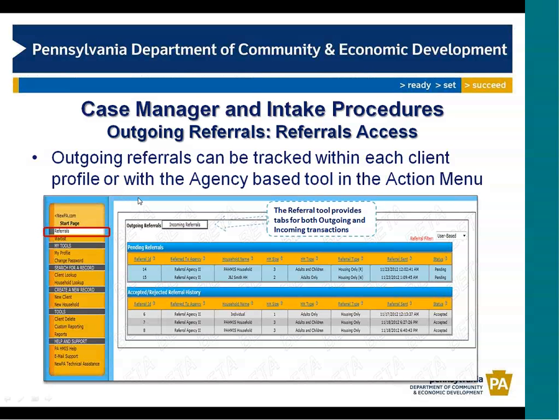Clicking on it provides two tabs, one for outgoing referrals and one for incoming referrals, and each of them is broken up into pending and history, so you always have the referrals that you sent there. The pending ones are always in powder blue, right there in your face, and show information about the referral, the type, as well as the status, so you can keep tabs on it. And when we show you the incoming one, how do you accept an incoming one? So it's a good place to be.